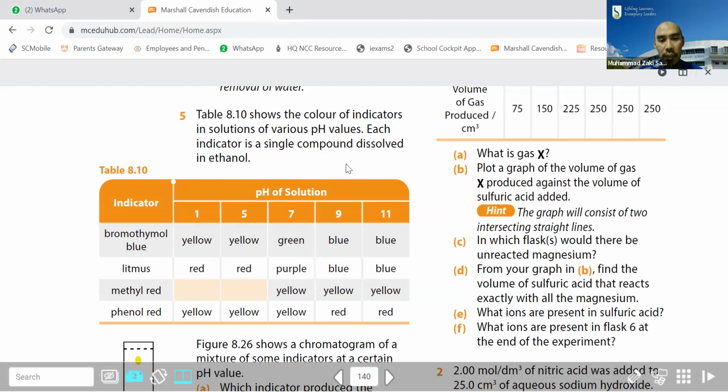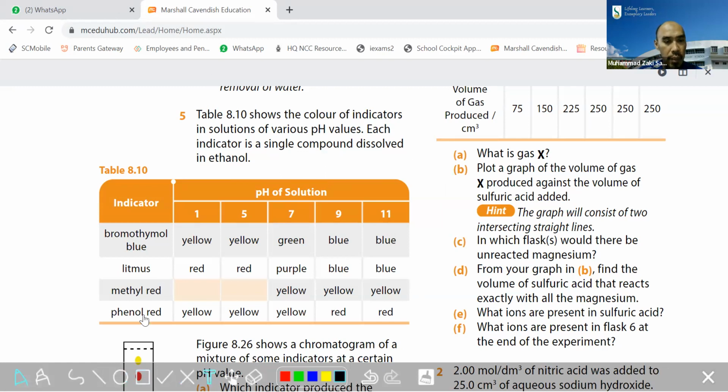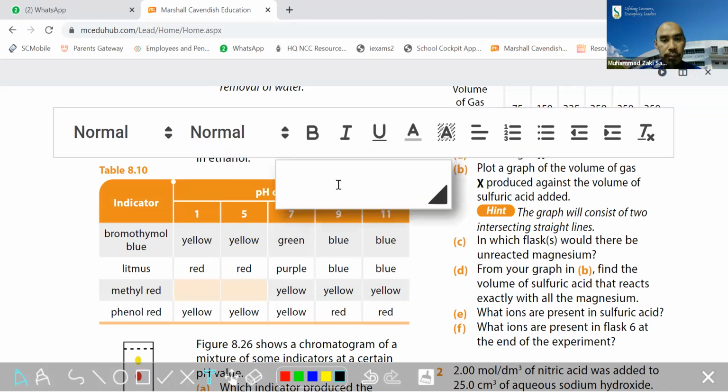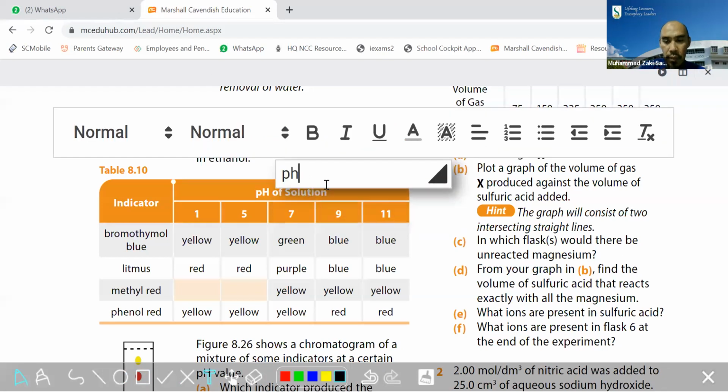Ethanol is actually neutral, pH 7. Ionic bonding is not tested here.